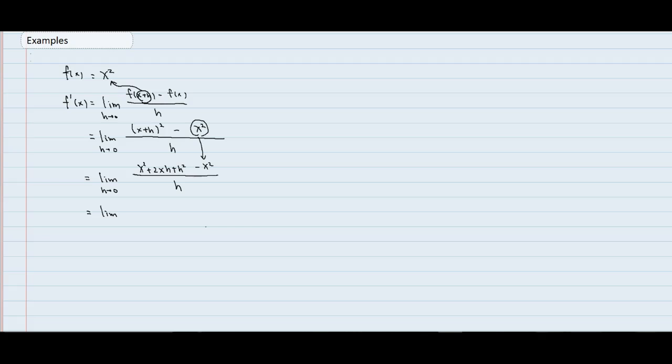So now this is going to be the limit as h goes to 0. You can definitely see that this x squared and x squared cancel each other out. And what I have left in the numerator is 2xh plus h squared all over h.